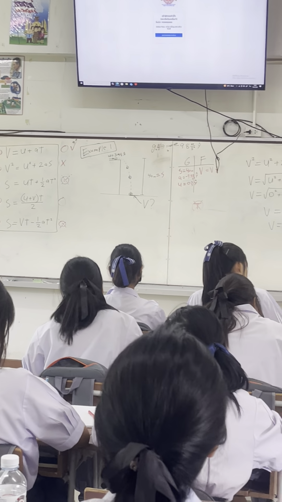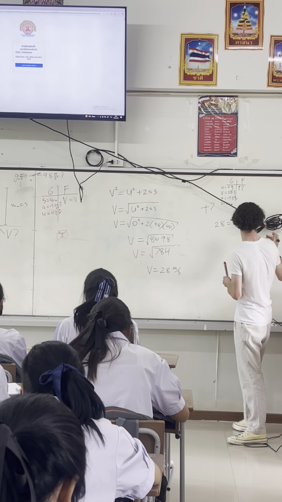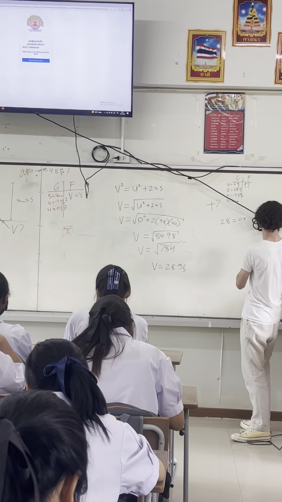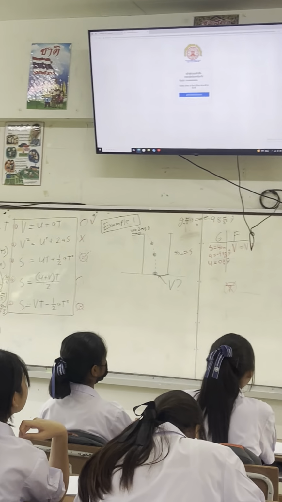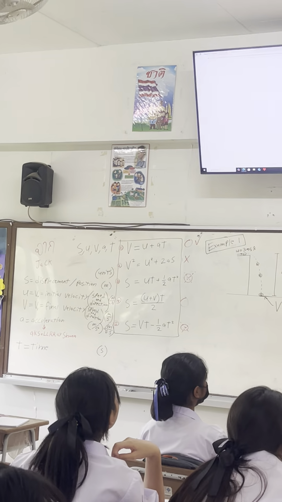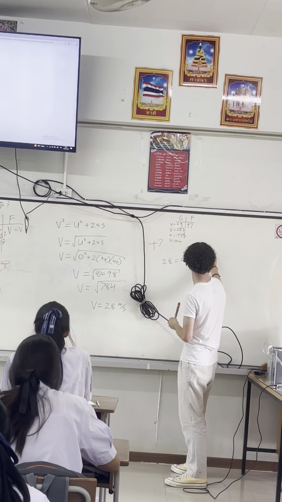So we have 28 equals 0 plus 9.8 T, which we don't know.